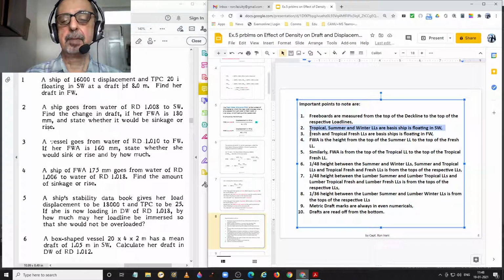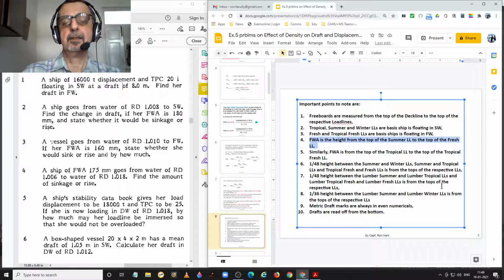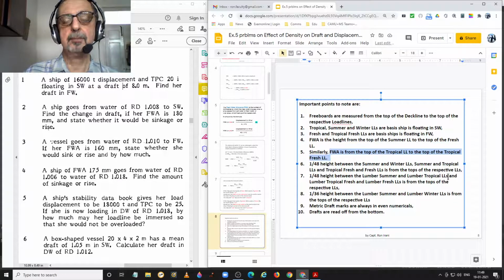Fresh and tropical fresh load lines are basis the ship is floating in fresh water. Freshwater allowance is the height from the top of the summer load line to the top of the fresh load line. Similarly, freshwater allowance is from the top of the tropical load line to the top of the tropical fresh load line.